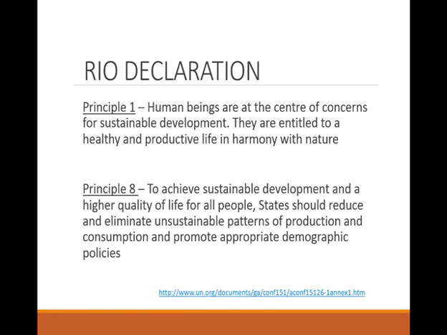And the other one is: to achieve sustainable development and a higher quality of life for all people, states should reduce and eliminate unsustainable patterns of production and consumption. We'll talk about this, and there are a few other videos looking at consumption and how much pressure that puts on the environment, and also how sustainable the level of our consumption is.